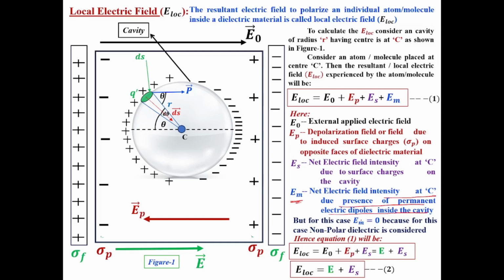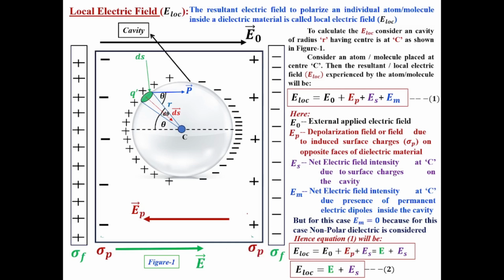That means if we consider a polar dielectric material, then EM can be found. If we consider a non-polar dielectric material, then there are no permanent electric dipoles, so EM will be 0.